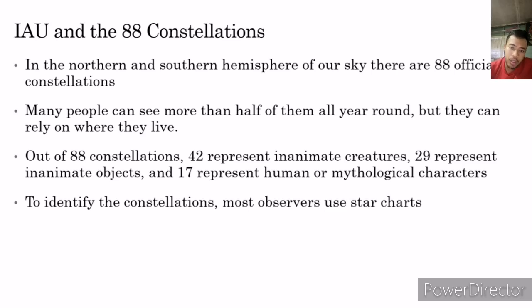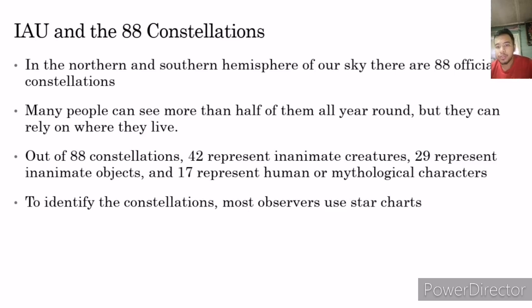This is because the old people, the Greeks or Egyptians, used mythological characters like Aquila, the eagle, or Auriga, the charioteer, and many more. To identify the constellations, most observers use star charts.